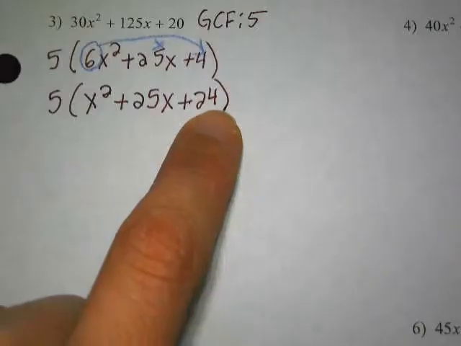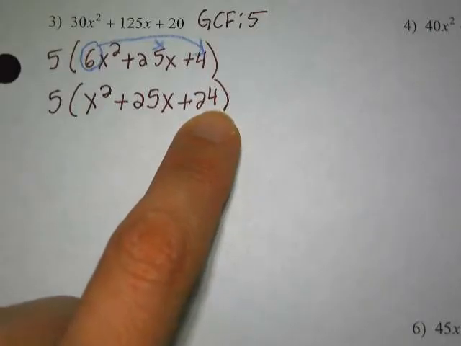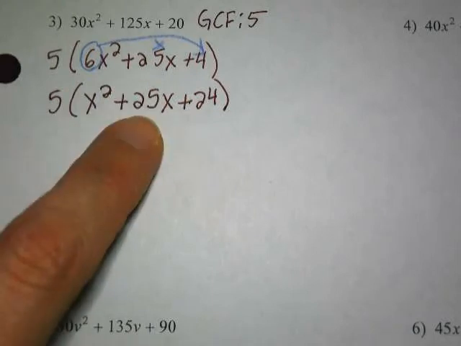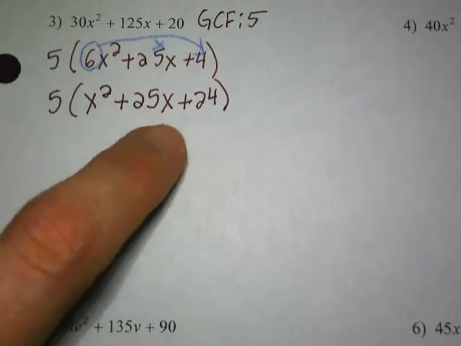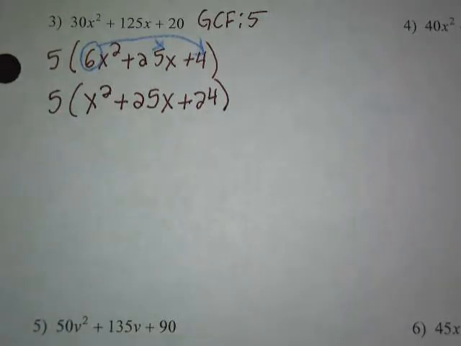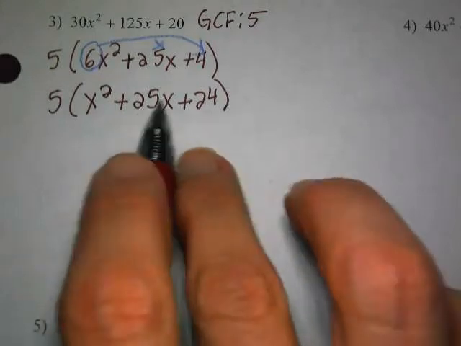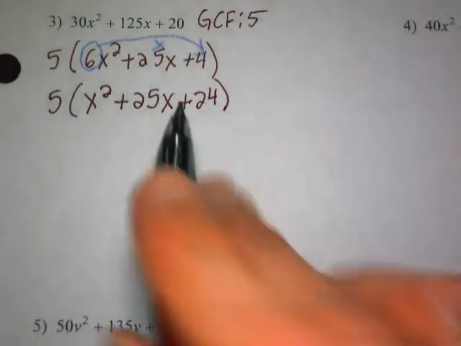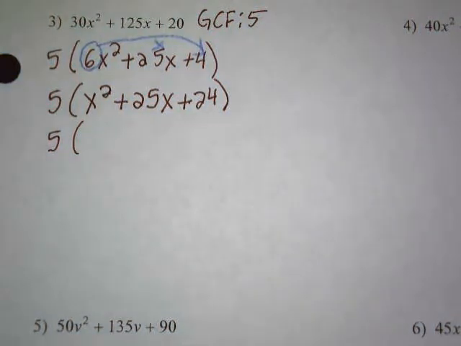And this one, you might be able to start to find your factors without too much trouble. Multiply to positive 24 and add to 25. And I've said this before, when you have the 2 positives, it's always easier. Well, right away, 1 times 24 is 24, and 24 plus 1 is 25.